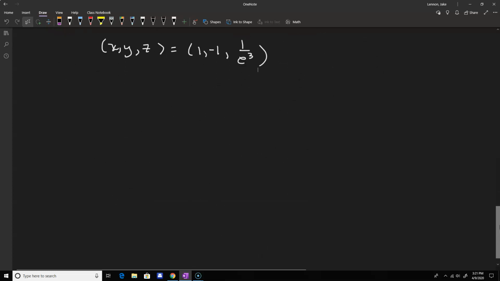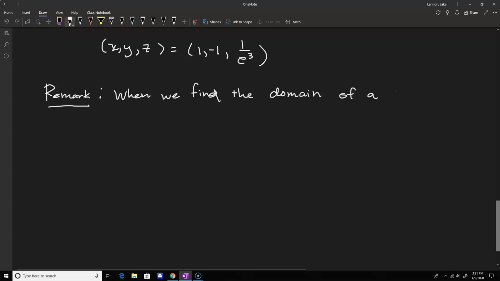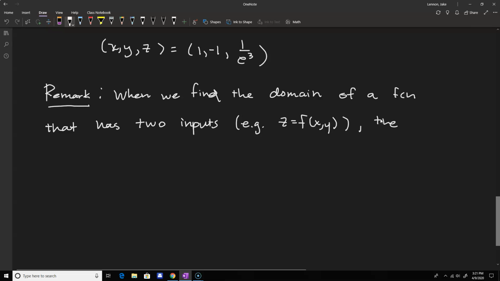So let's make a remark. When we find the domain of a function that has 2 inputs, e.g. z equals f of x, y, the restrictions are placed on x and y.